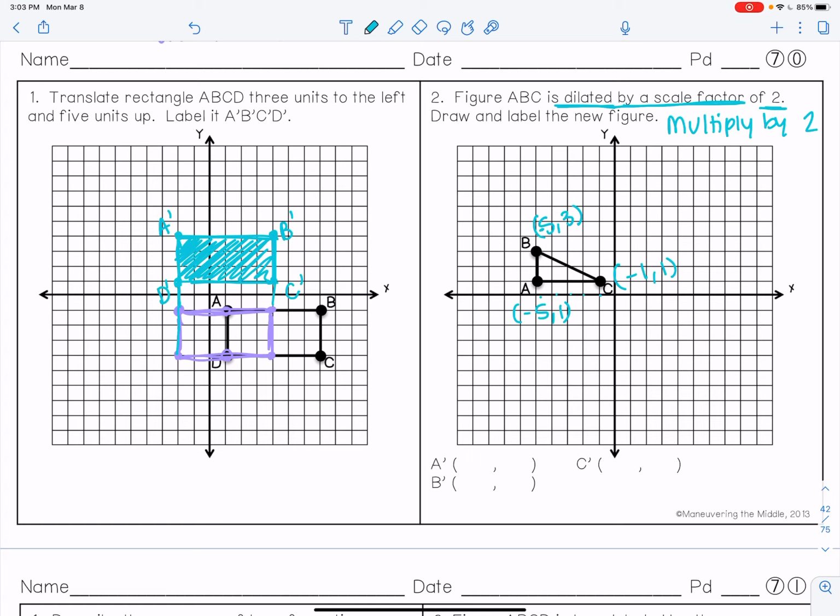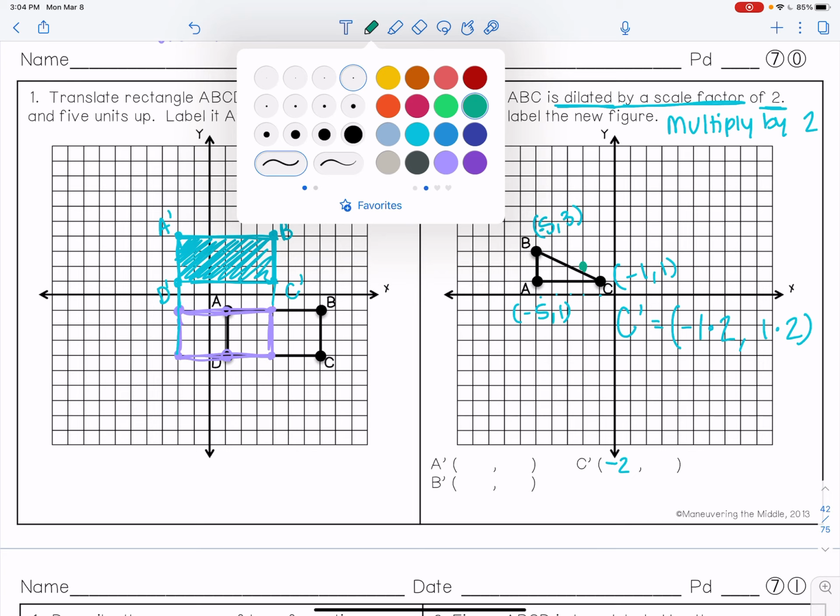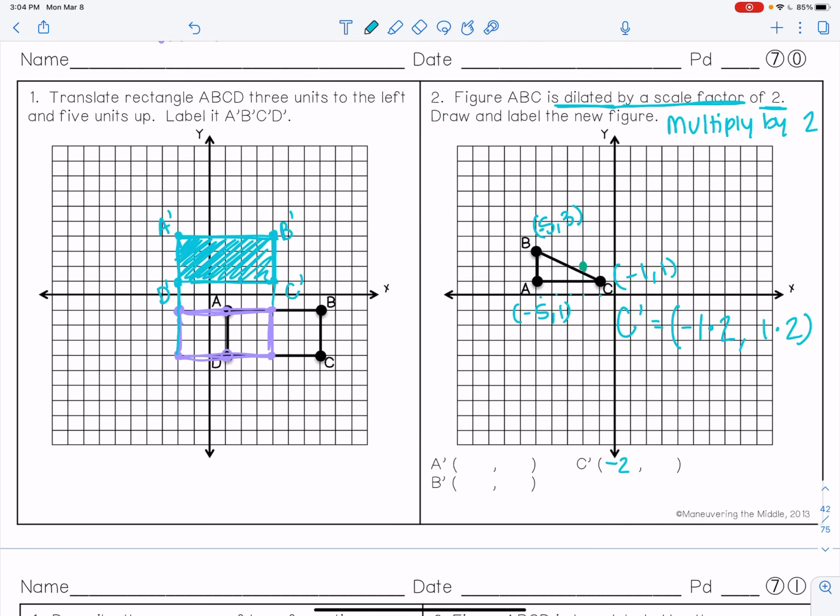All right, so our new C prime is going to be -1 times 2, 1 times 2. So that'll give us -2, 2. So -2, 2 is our new C prime. And I'm actually going to write that in a different color. All right, moving on, we have our B prime.